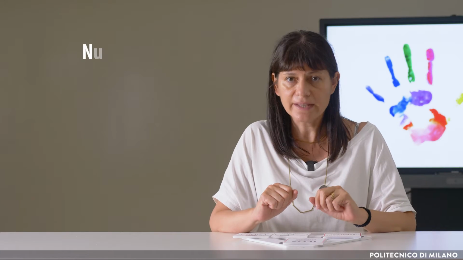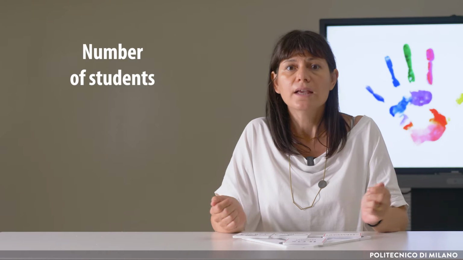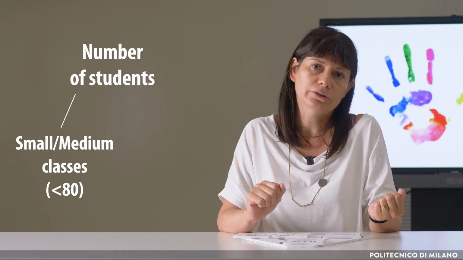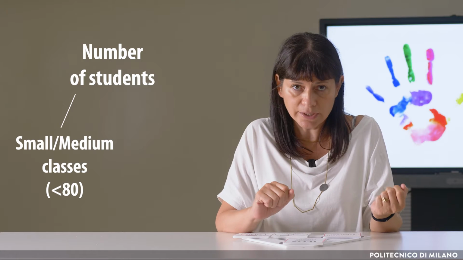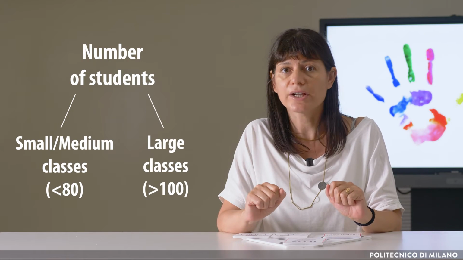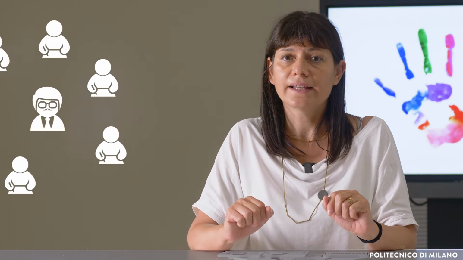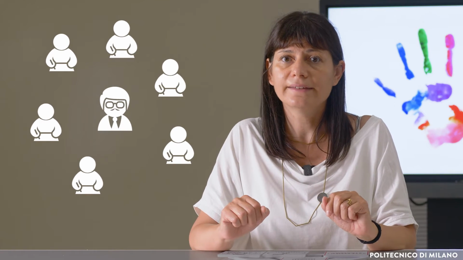The element that mostly has impact on the designing phase is the number of students. It can be useful to distinguish between small-medium classes, which do not exceed 70-80 students, and large classes, which count 100-150 students and more. In small-medium classes, there is a greater chance for a horizontal interaction.